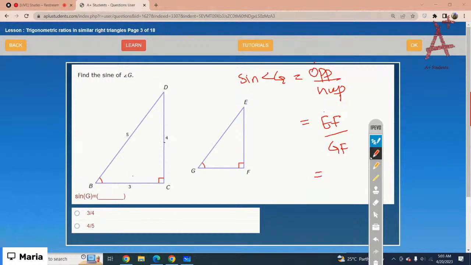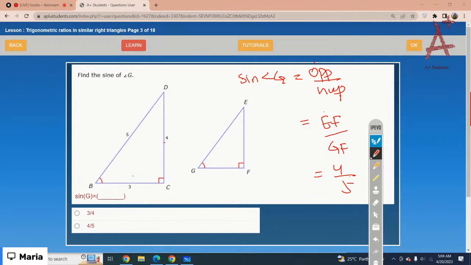Both the triangles are similar, so it would be 4 over 5.